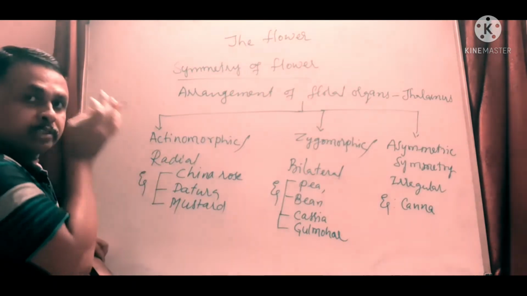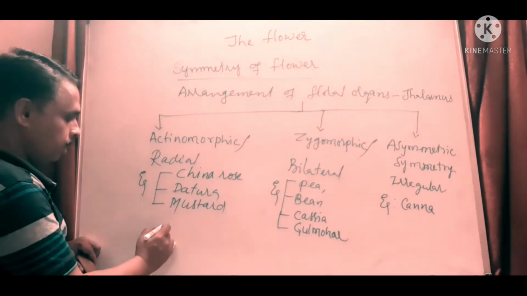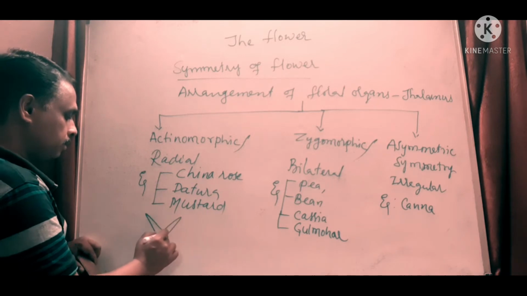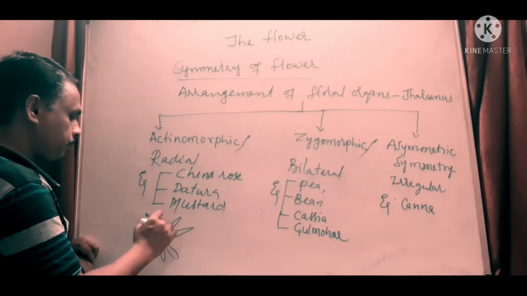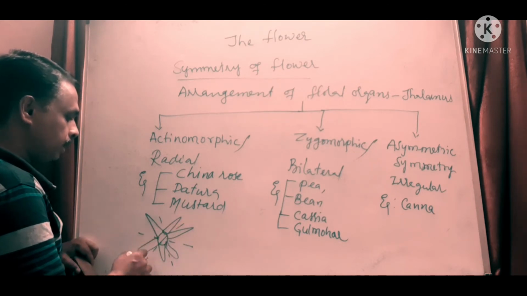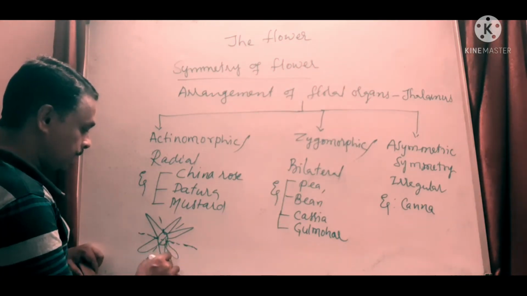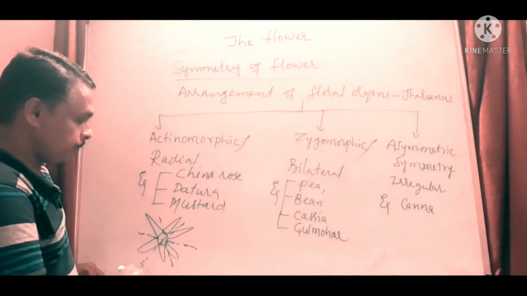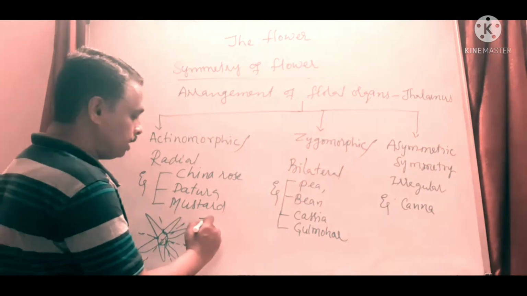What is actinomorphic symmetry? Based on the arrangement of the flower, if you pass the plane of division at any vertical plane through the main axis, the center axis, then the entire flower is divided into two equal halves.